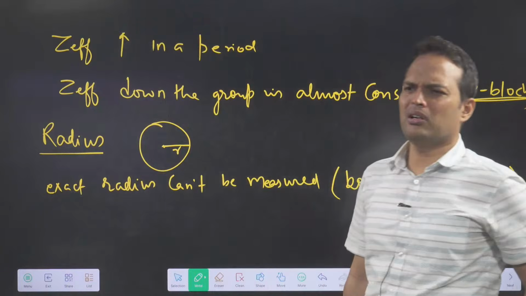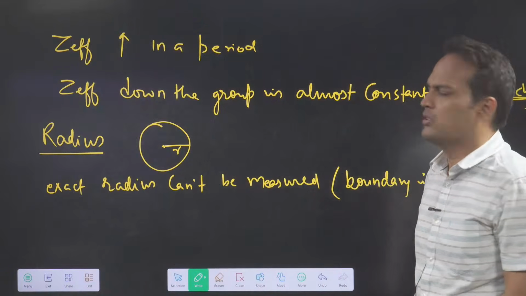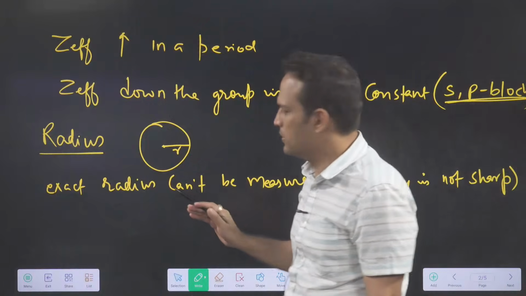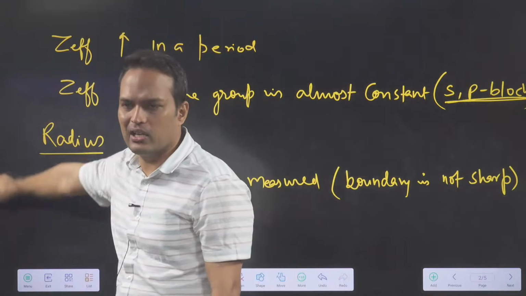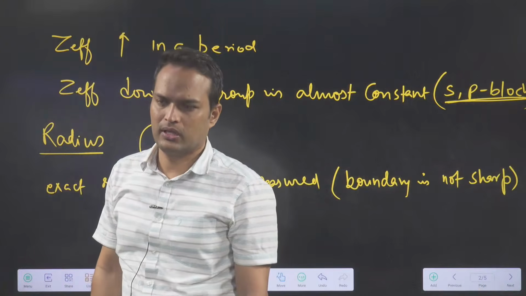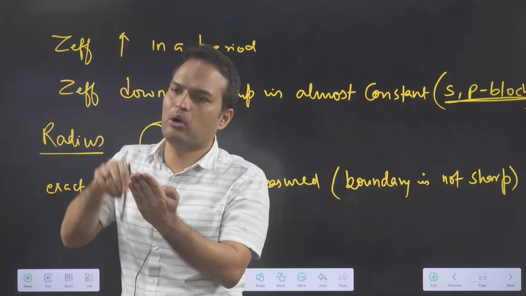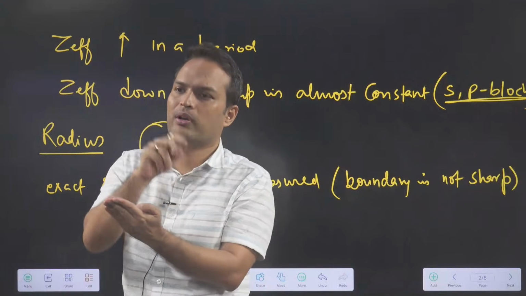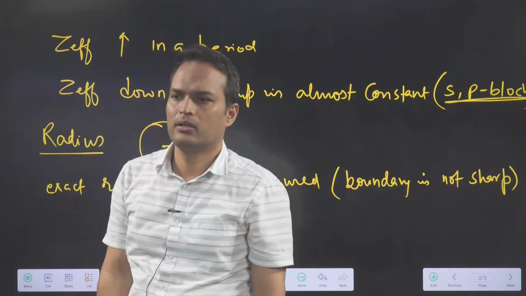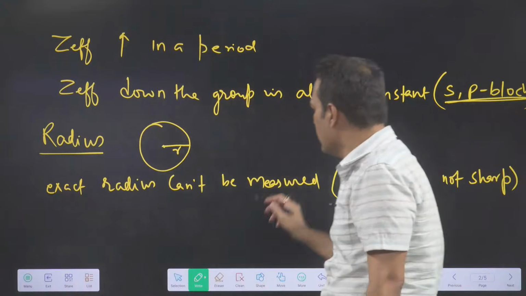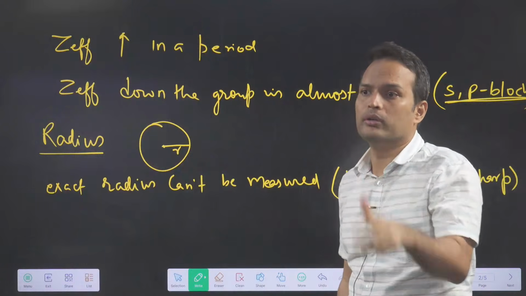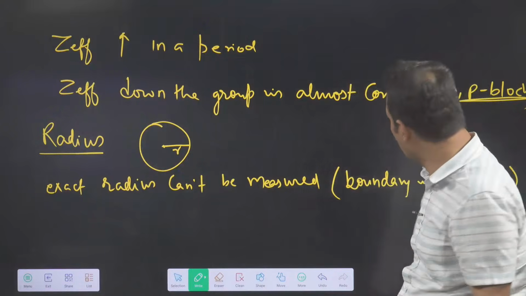Now you will think, sir, what boundary? See, like this board is there. This board boundary is sharp. You will clearly see where the board ends. You have a phone in your hand. Phone boundary is sharp. You will say, sir, here the phone finishes, 6.1 inches. Now for an atom, the electrons, we say electron cloud. Electron is like a cloud.